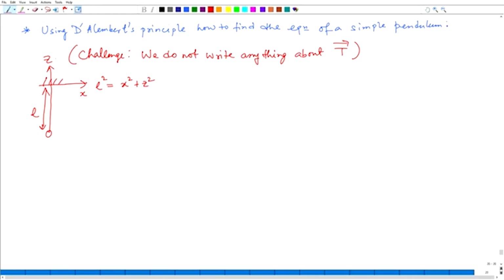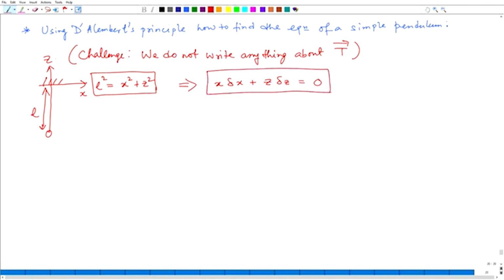From this constraint I can easily get x delta x plus z delta z is equal to 0.